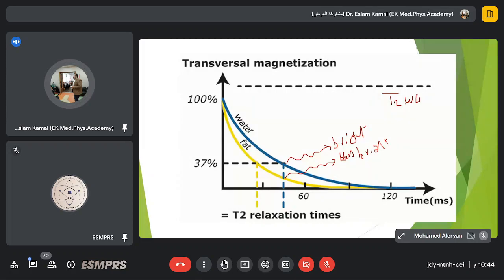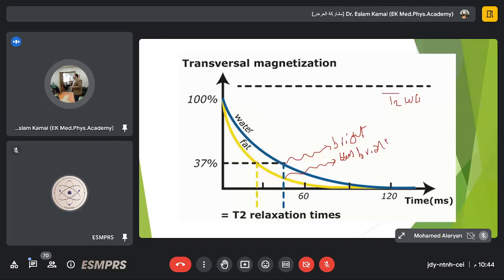Let me give you an example to understand what I'm saying. If you measure the signal received from fat and water at this point, can you get any difference between MXY for fat and water? No. If you measure here, can you get any difference?